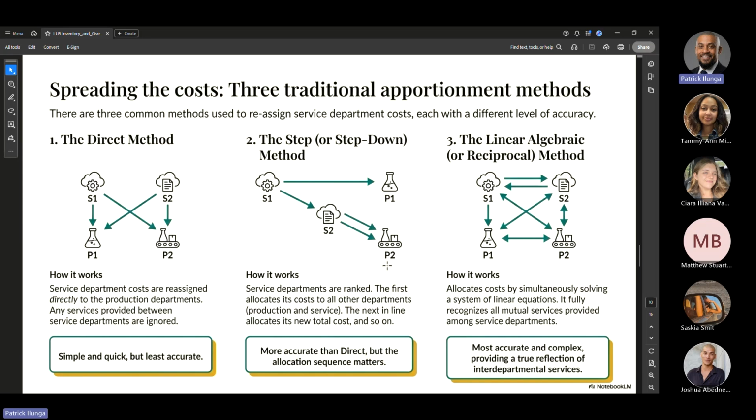But even more accurate will be this method. It sounds fancy, but it is not complicated at all. What we mean is that there is a reciprocal relationship between all these departments, and that's why we take into account from service to service and from service to production department.